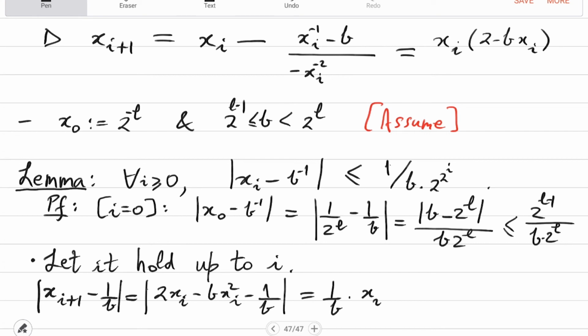So you get xi minus 1 over b square. And xi minus 1 over b, you have an upper bound. And since it is positive, upper bound can be put here and squared. So you will get less than or equal to 1 over b times the bound.